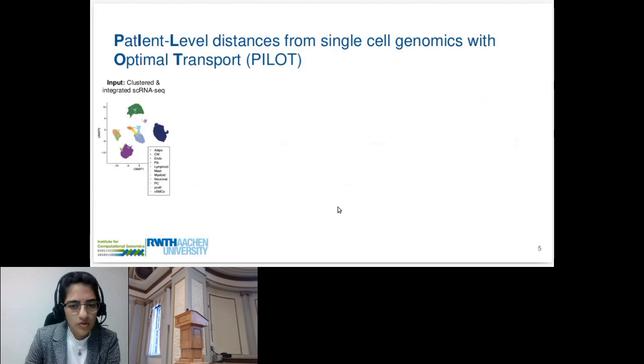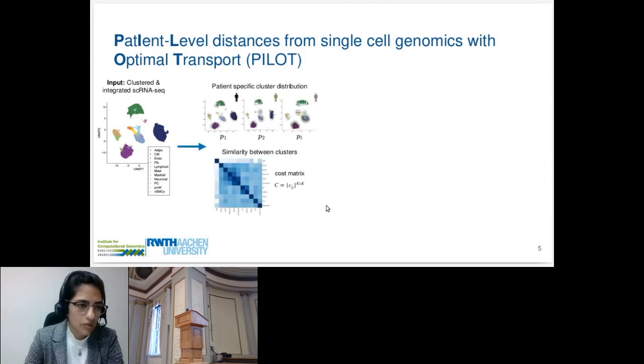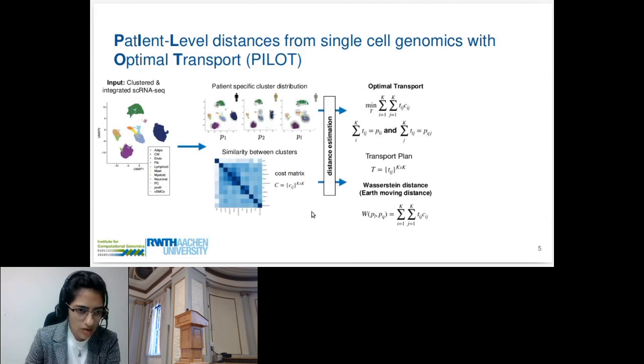So I'm going to introduce PILOT, patient-level distances from single-cell genomics with optimal transport. As input, we take the clusters from the integrated single-cell RNA-seq, and based on that, we get the distributions of these clusters for each patient separately, and the similarities of the clusters using optimal transport.